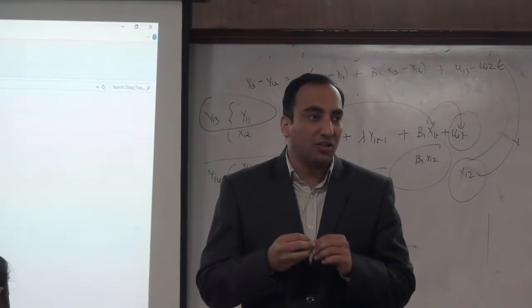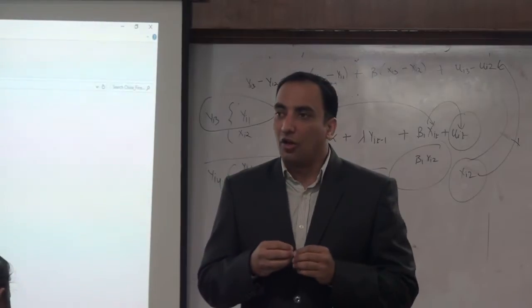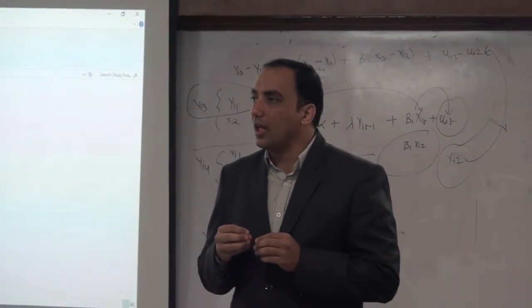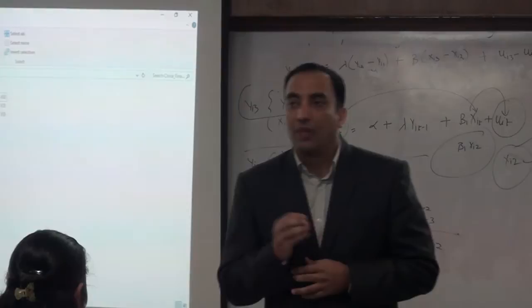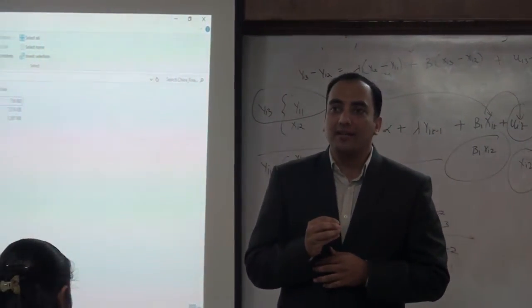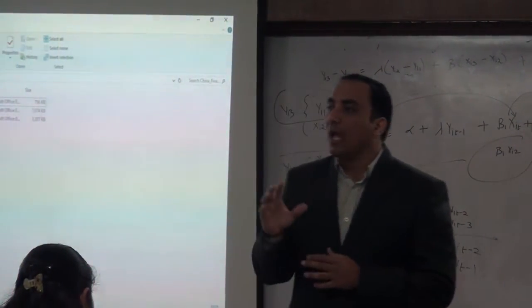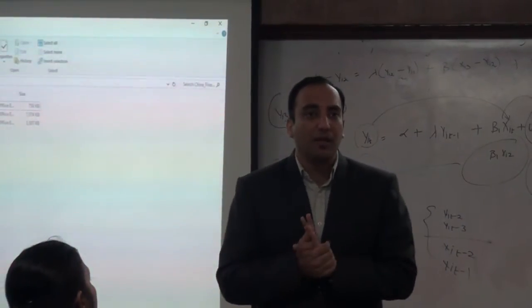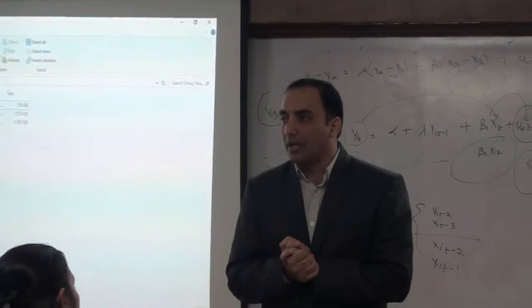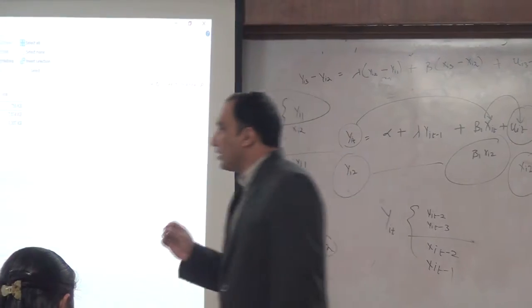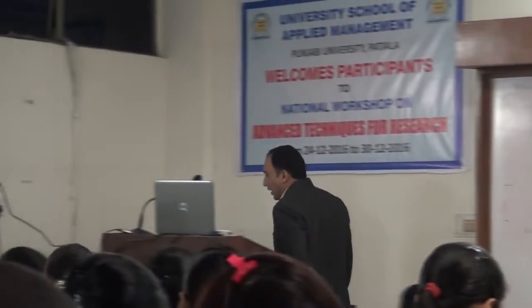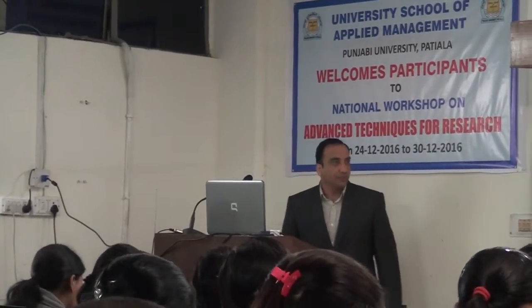done. For example, testing of stationarity, testing of multicollinearity, heteroscedasticity and autocorrelation. These are the basic things which we will be doing today, and then we will be discussing briefly about some of the advanced topics in panel data. So I'll just give you a glimpse of what are the topic and what are the kind of data sets we can handle.